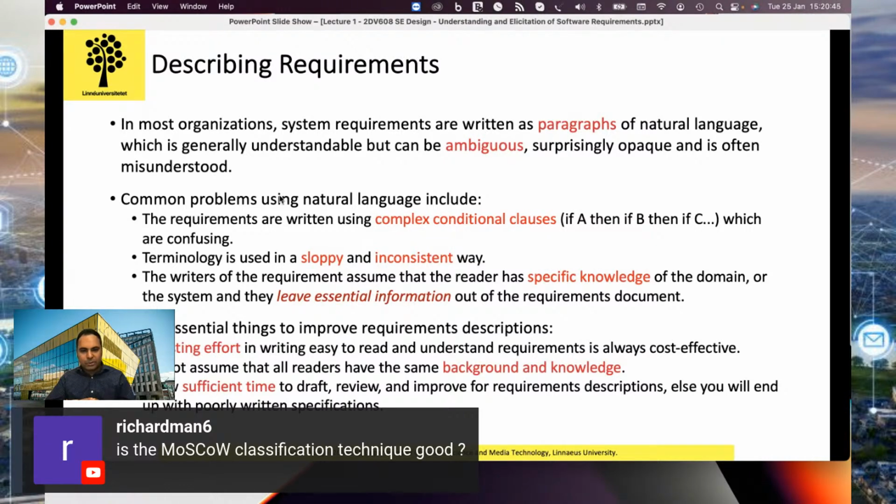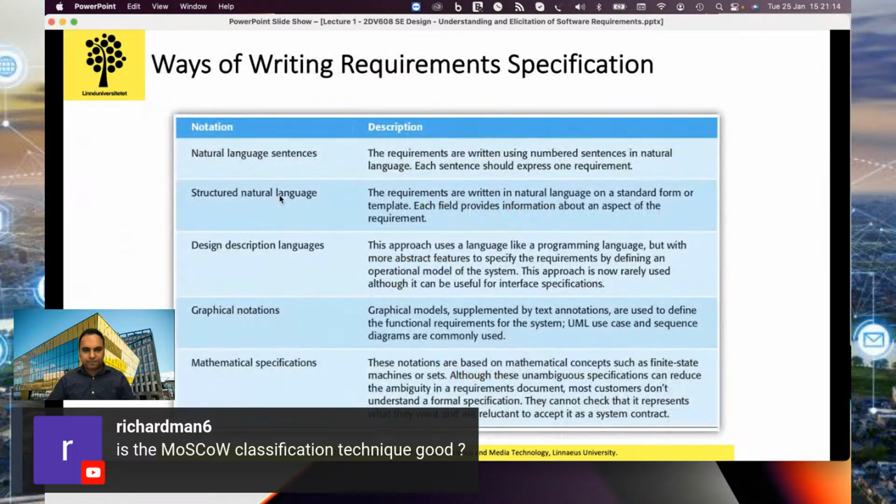It will help you to have a good requirements document at the end, because time and effort are two things that are not available for the developers and testers. So you, as a requirements analyst or requirements engineer, should invest enough time and effort in writing the document.